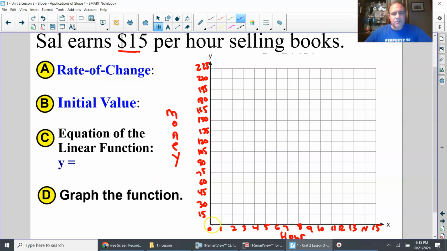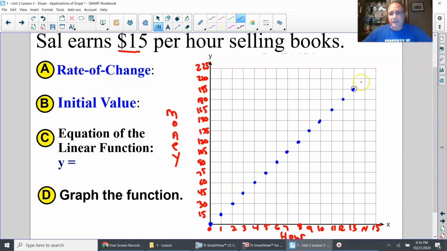All right, so again, he makes $0 for 0 hours. He makes $15 per hour. And this is it. It's a rise of 15, a run of 1. A rise of 15, a run of 1. And it goes up the graph just like this.